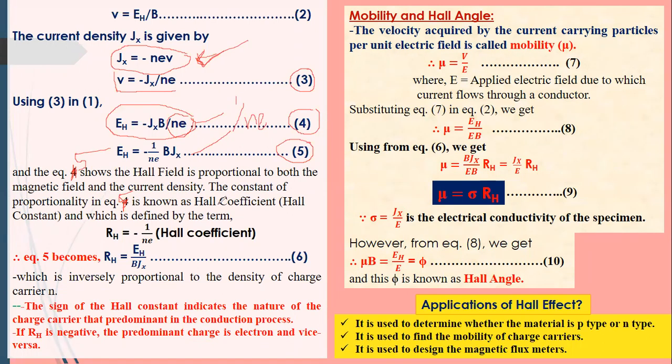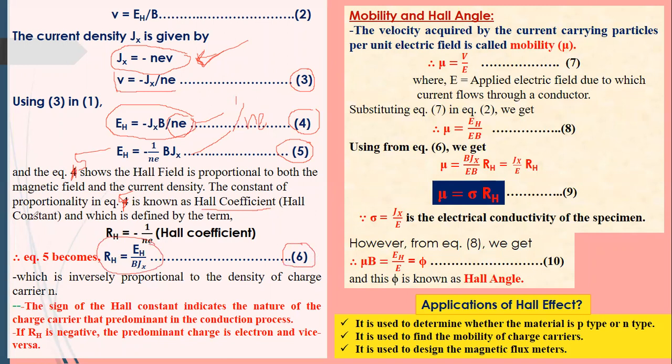It can be defined as RH is equal to minus 1 upon Ne, because in equation number 5, RH is equal to EH upon BJx. Let us say this is equation number 6.